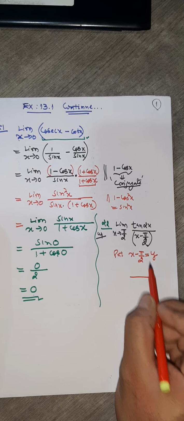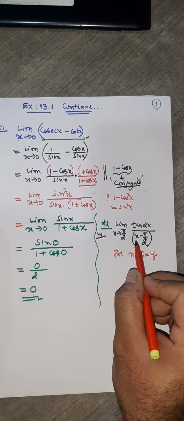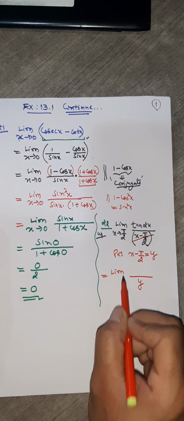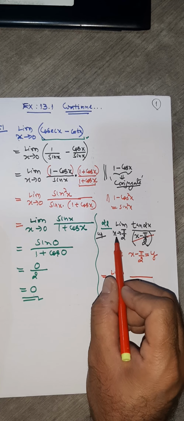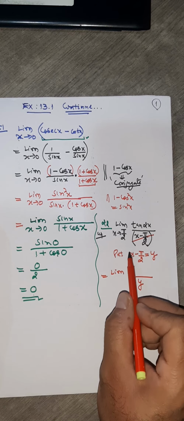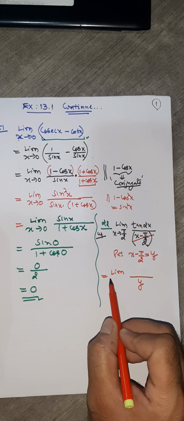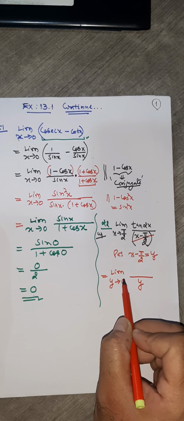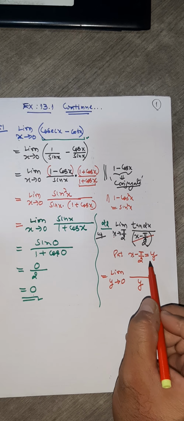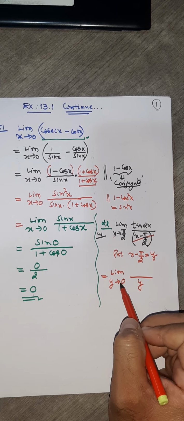So denominator has become y. Here I have this y. Whole question you are going to convert into y. Now x tends to pi by 2, so put pi by 2 here. What is this? It becomes 0. That means y tends to 0. It's obvious, if x is very close to pi by 2, then the difference of the two will be 0 only. So y tends to 0.